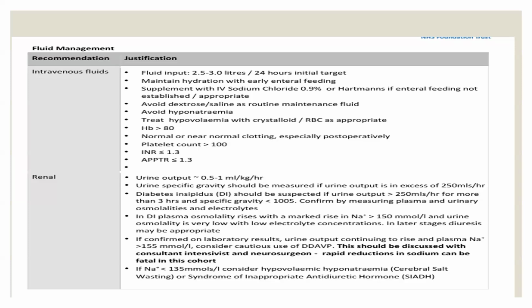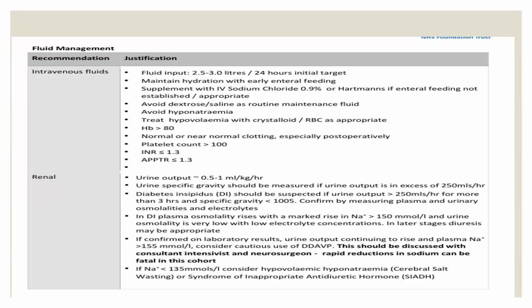Urine output should be 0.5 to 1 ml per kg per hour. Urine specific gravity should be measured if output is in excess of 250 ml per hour. Diabetes insipidus should be suspected if urine output is more than 250 ml per hour for more than 3 hours and specific gravity is less than 1.005. Confirm by measuring plasma and urine osmolality and electrolytes.